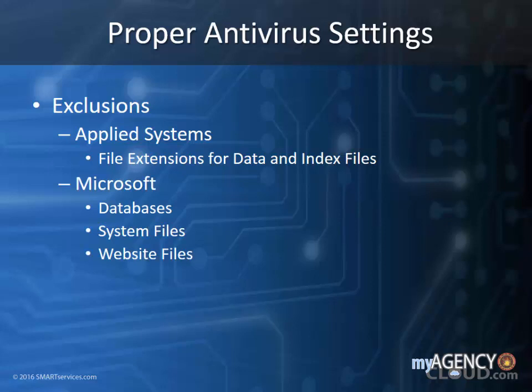Microsoft has a huge pile of them on the server side of things, and those include all different kinds of databases, whether it be a SQL database that your management system or other things run on, to just service databases for the things that hands out network addresses. They've also got lists of system files to make sure you exclude. If you're running things that use websites, they've even got extra exclusions for website files. So there's lots of resources out there on where to find what those exclusions are.